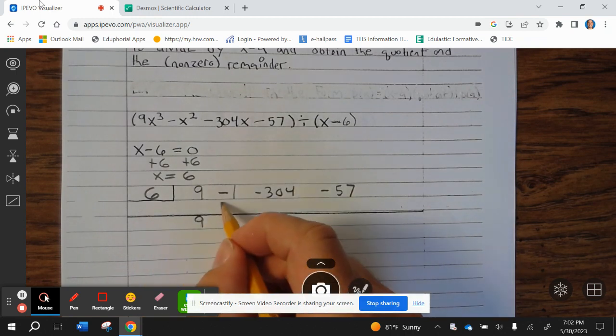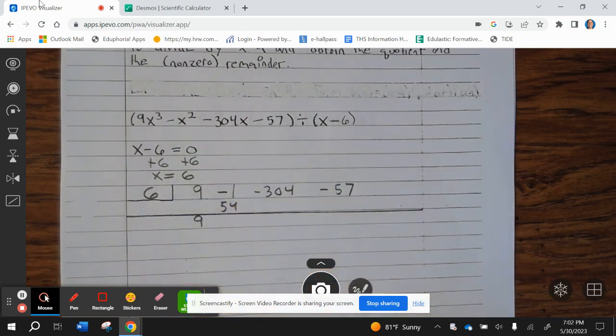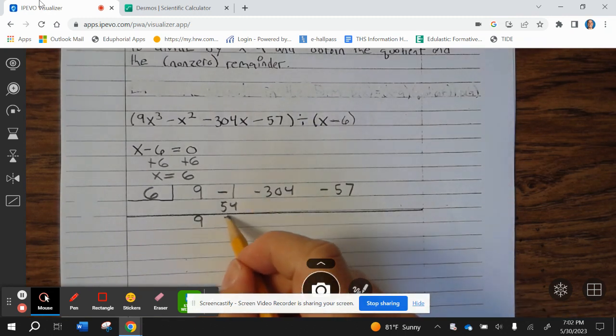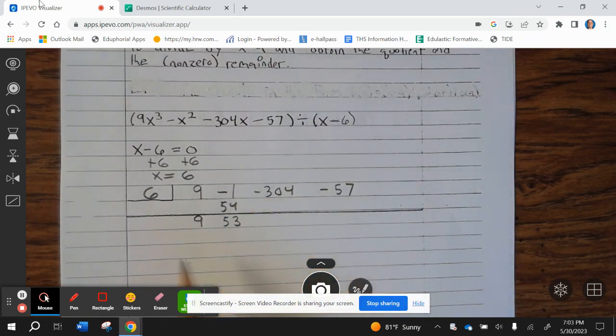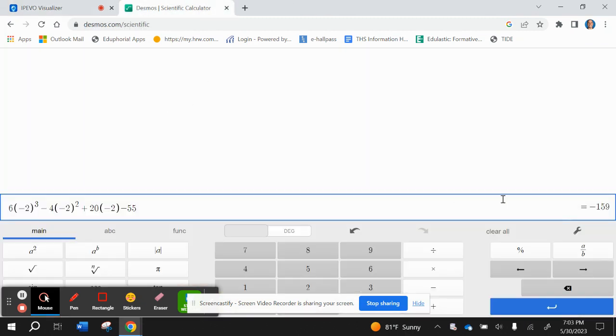6 times 9 is 54. Negative 1 and 54 is 53. I don't know what 6 times 53 is, so let's just use our calculator. 6 times 53 is 318.